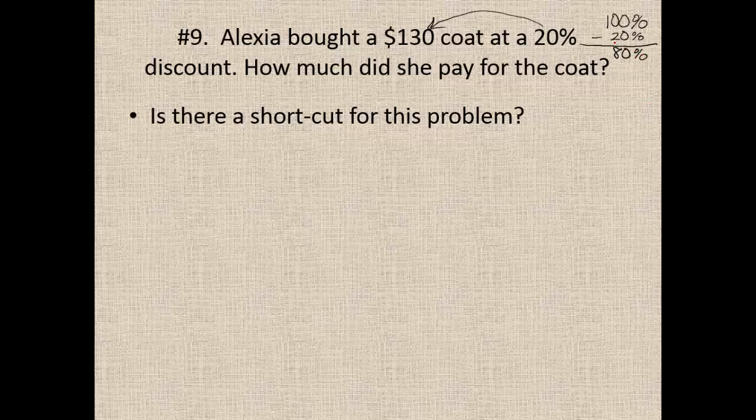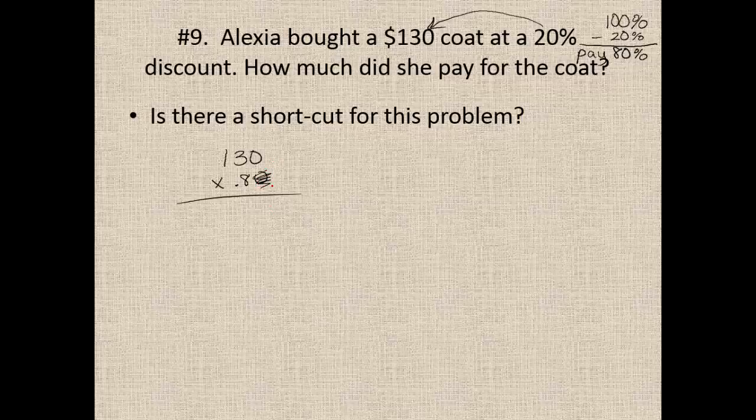So instead of focusing on the discount, let's focus on how much she needs to pay. She needs to pay 80%. So if you want to do a shortcut, what you do is multiply the price of the coat times what she will pay instead of what she will save. And that's a shorter process.